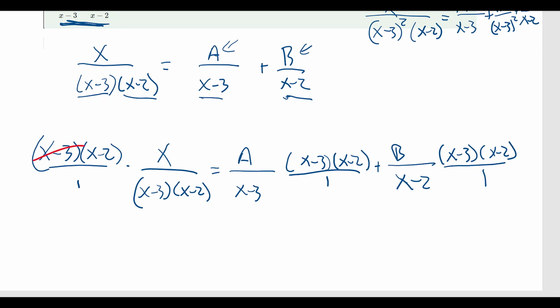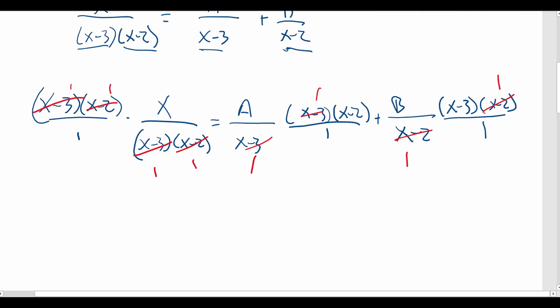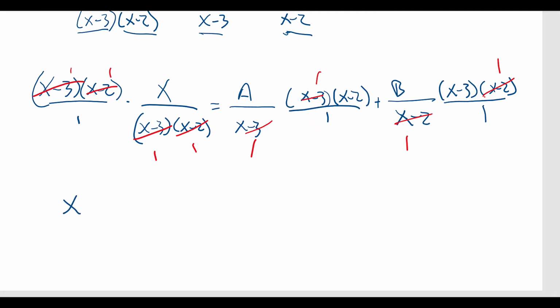And then, obviously, these divide out. This divides out with this factor, that factor divides out with that one. And so a lot of people will skip that step and just realize it's going to be x equals A times x minus 2 plus B times x minus 3.